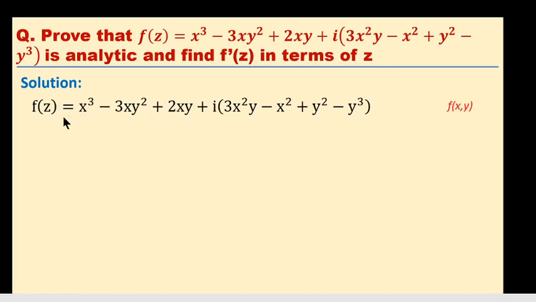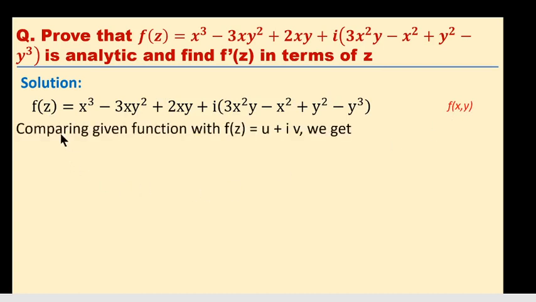Next, we observe here that this function f of z is in terms of the variables x and y. We compare this given function with f of z equal to u plus iv. So we get the real part of the function u as x cube minus 3xy square plus 2xy.